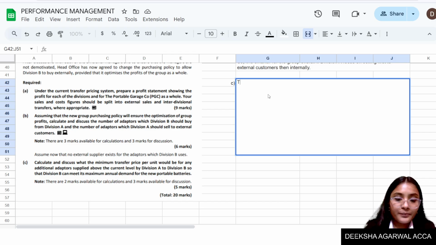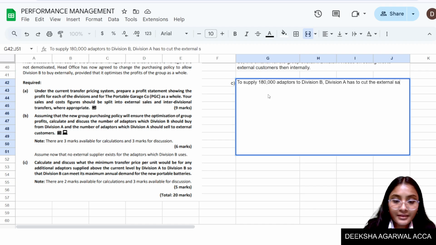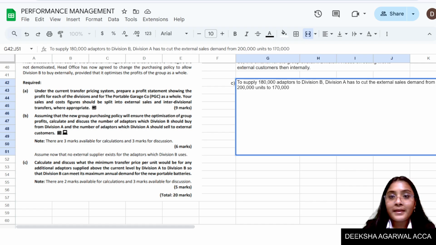The first point, let's write down: to supply 1,80,000 adapters to your division B, division A has to cut the external sales demand from 2 lakh units to 1,70,000 units. Correct?